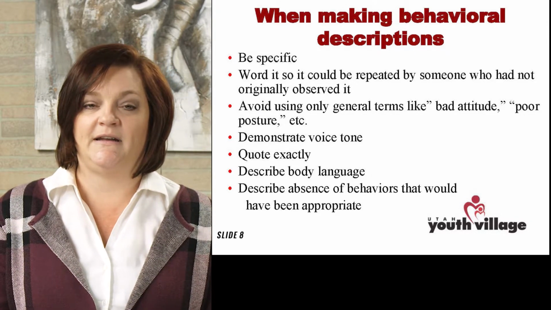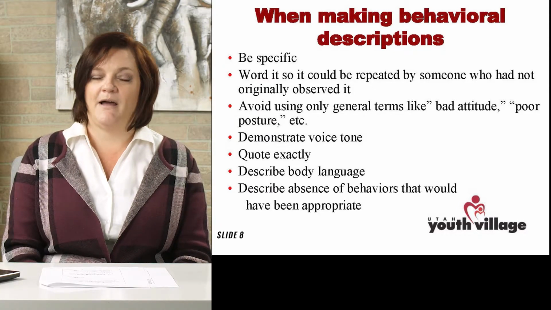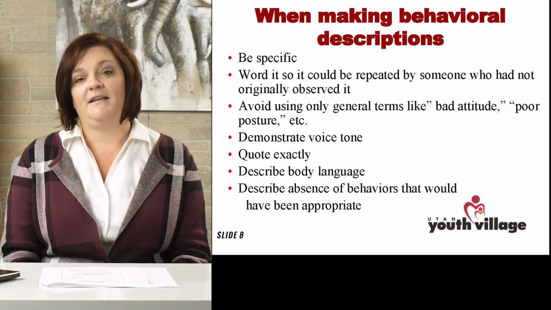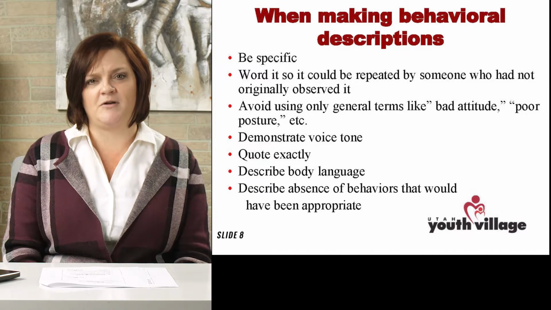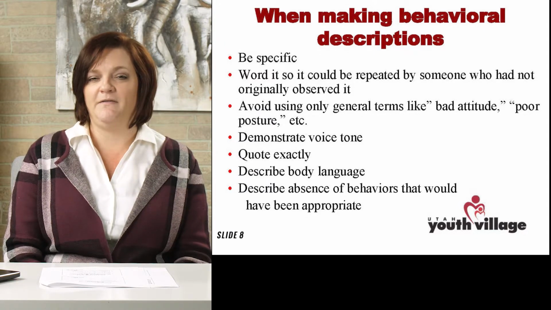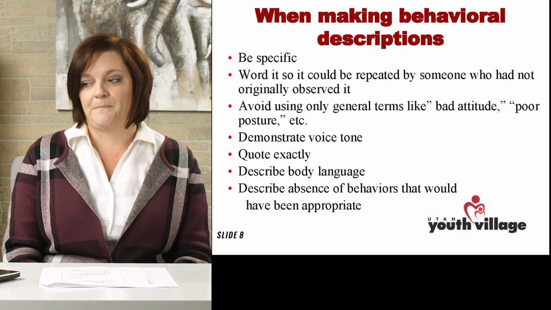If I say somebody appears agitated and frantic, although that might be more behaviorally specific than saying somebody is throwing a fit, it doesn't really describe what the person is doing. It takes some context for us to figure that out. So as often as we can, we just describe exactly what we're seeing.